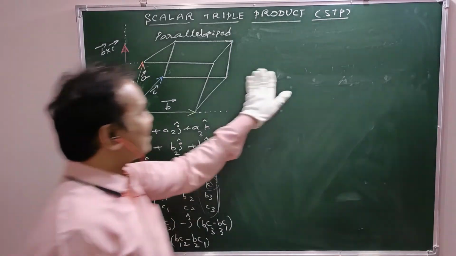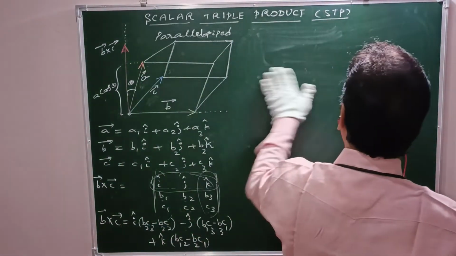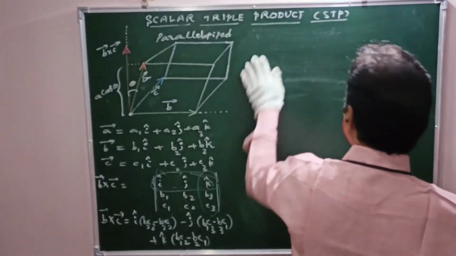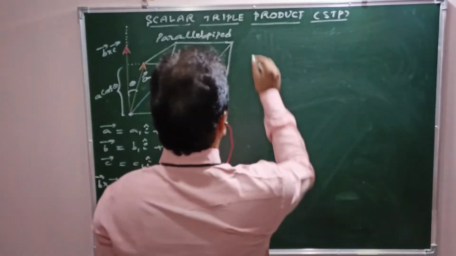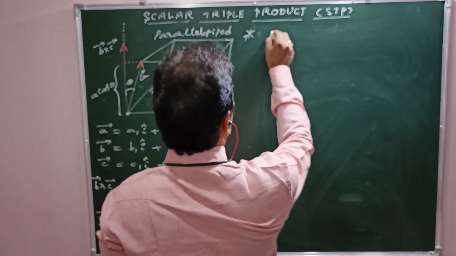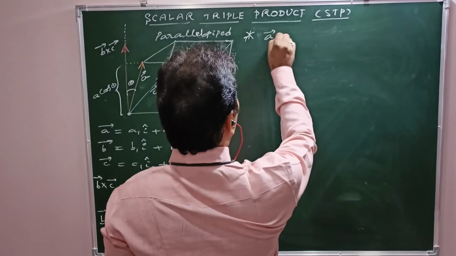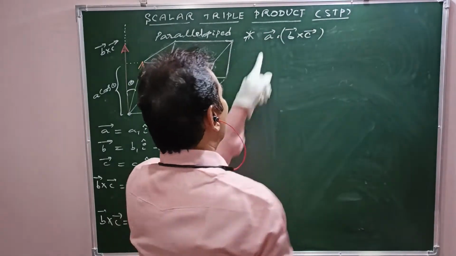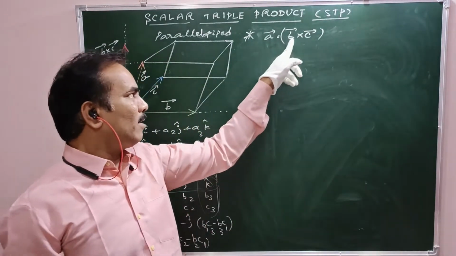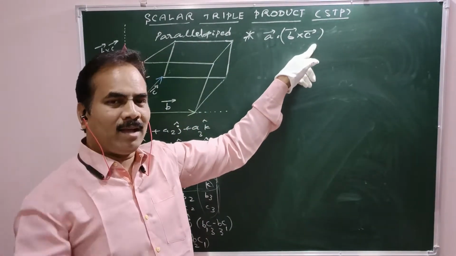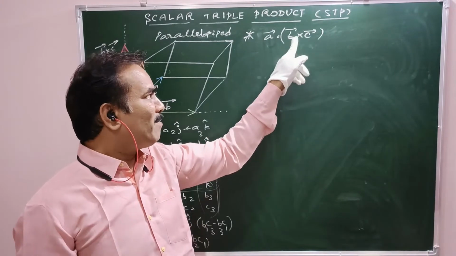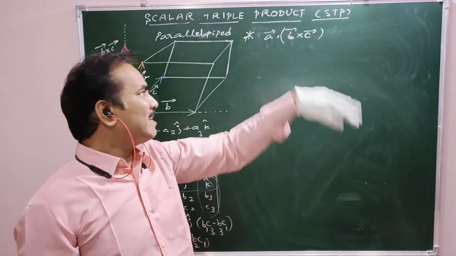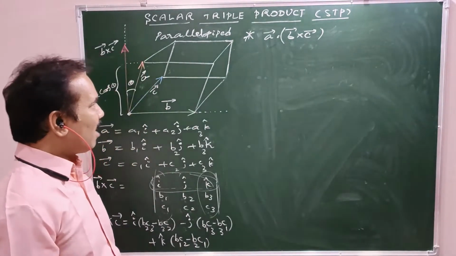Now, what is the scalar triple product? The first formula, that is A bar dot B bar cross C bar. See, A bar is one vector, B bar cross C bar is another vector, not two vectors. B bar cross C bar is another vector. Now A bar dot B bar cross C bar.